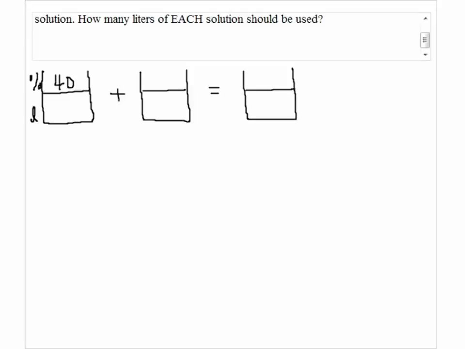And the second solution we have has acid of 60%, so we have 60. And the mixture has a percentage which is 55%. Now let's look at the amount.